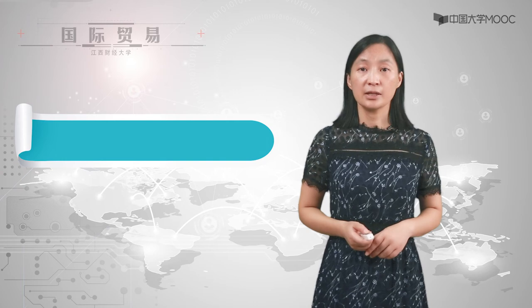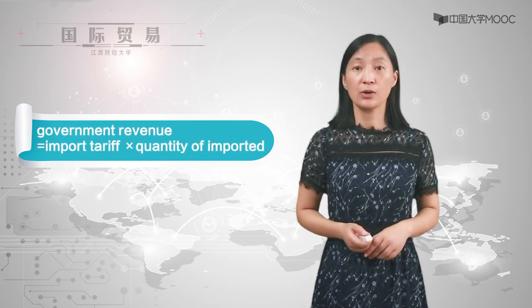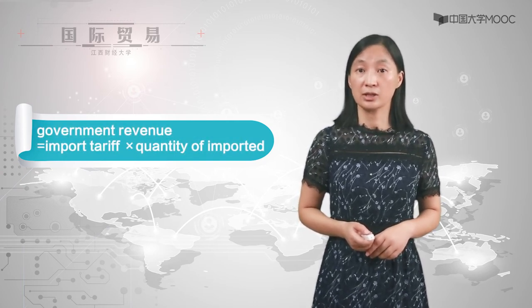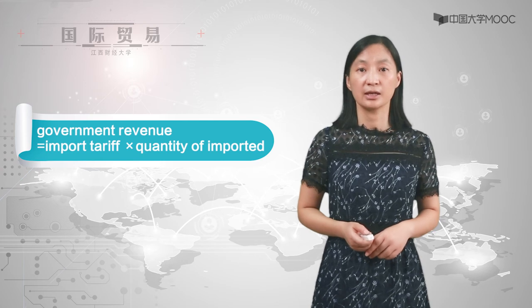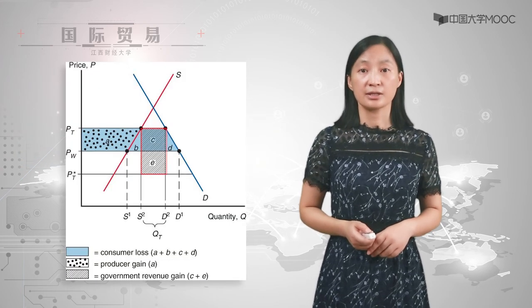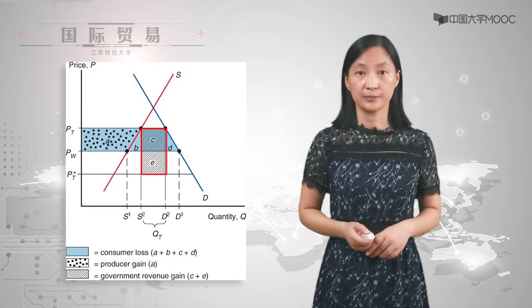As in the small nation example, government revenue equals the import tariff multiplied by the quantity imported. This effect yields areas C plus E.